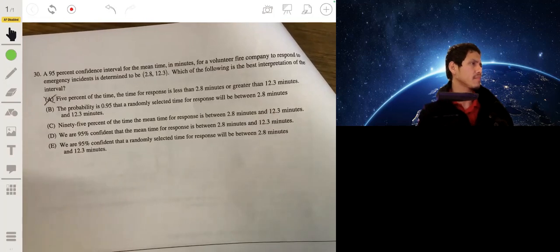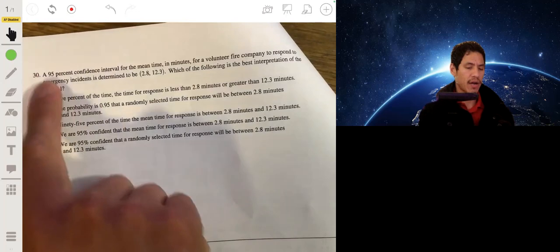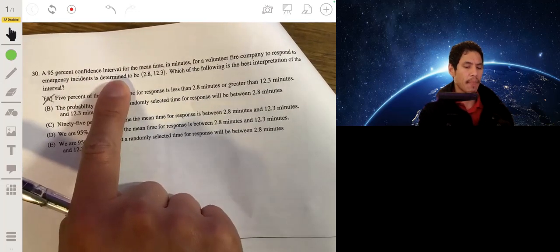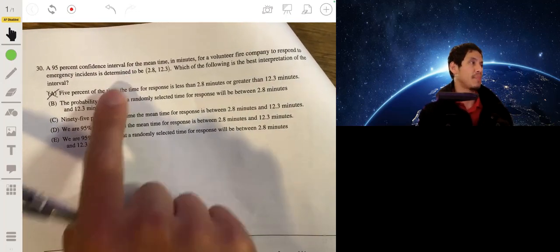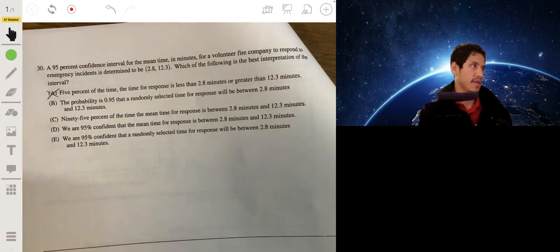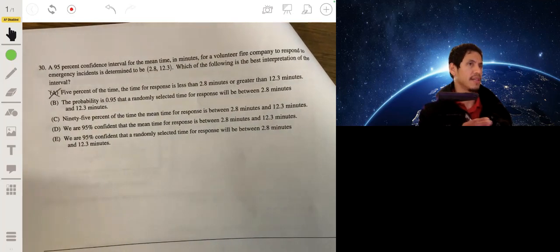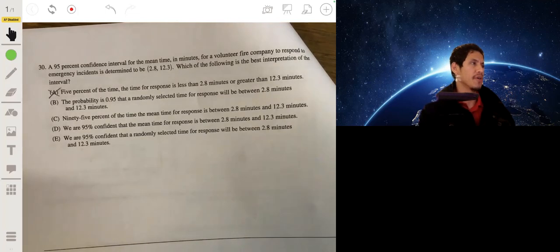Remember, this is an interval to estimate the population mean, not just any general value or any general incident. So it's not going to be that.